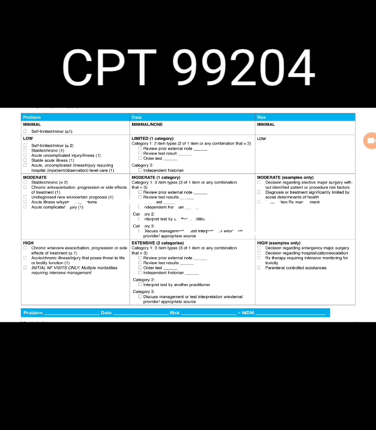So let's talk about an example of a clinical presentation for a note that meets criteria for 99204. So the patient might present for an initial evaluation due to worsening depression and anxiety. So say you have a 28-year-old female who comes in and reports a history of the last 6 months of having increased sadness, lack of motivation, and insomnia.